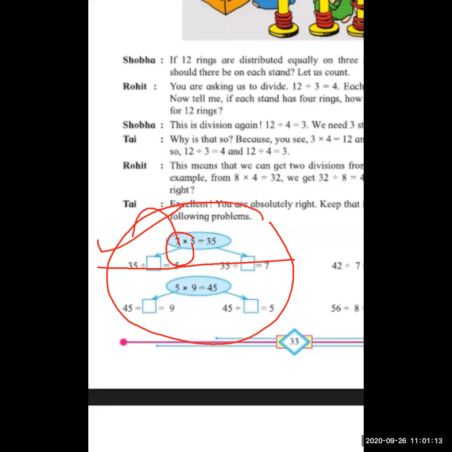Yes, give me answer. In the table of 5, yes, very good. 5 sevens are 35. Here is given 7 into 5, and in the sum the 5 is already given to you.